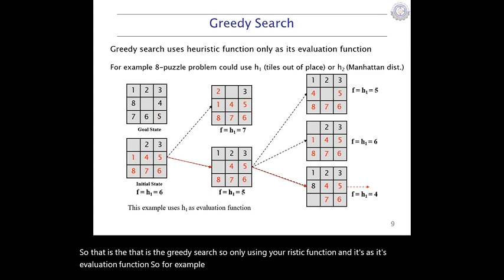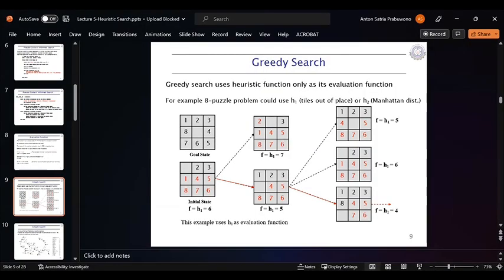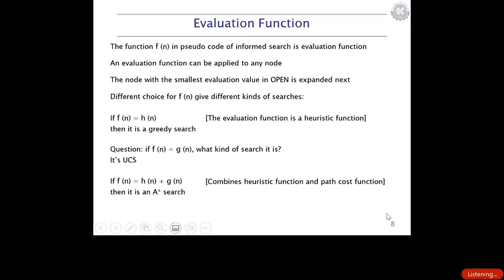For example, for a puzzle problem, we could use H1, tiles out of place, or H2, Manhattan distance. Let me check where the slide is.